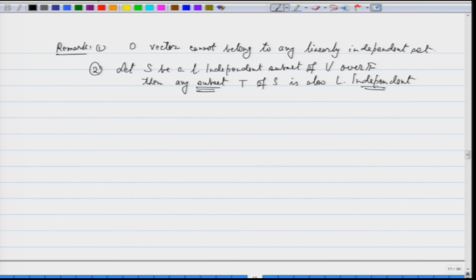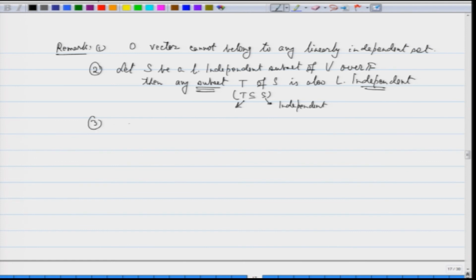Fine. So, T is a subset of S, that is important. S is linearly independent, this bigger one is independent, then the smaller is also independent, fine. So, when I am talking of independence dependence, we are assuming that our sets are non-empty sets, fine. Otherwise, vacuously we will say what happens to the empty set.